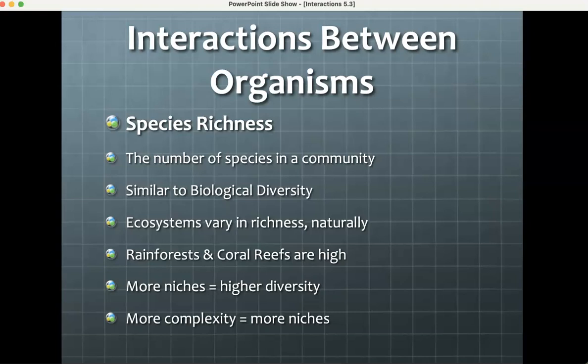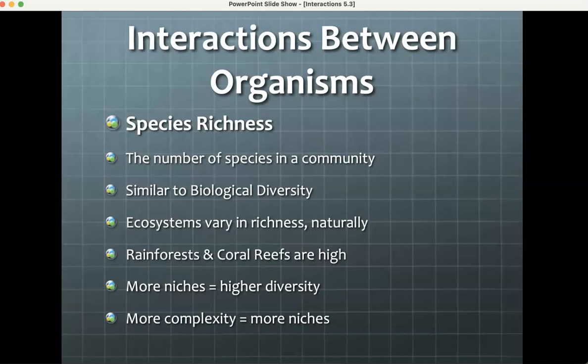Coral reefs and rainforests are very high. And something like a desert, perhaps, might come to mind, is rather low, okay? Basically speaking, the more niches, the more available roles. Remember, a niche we can think of sort of generically as your role in an ecosystem.